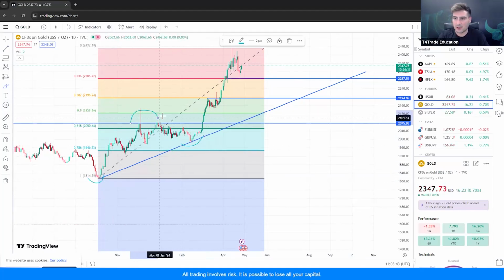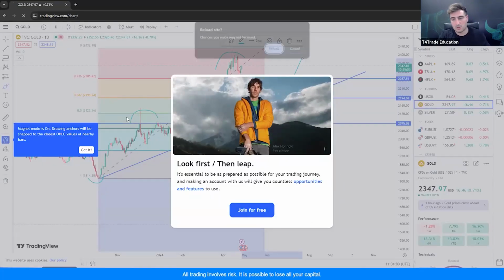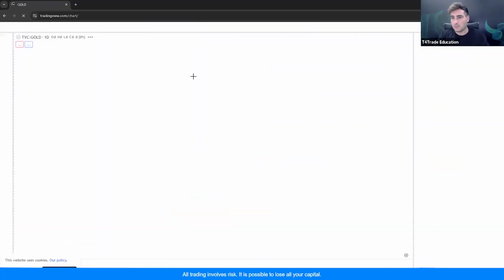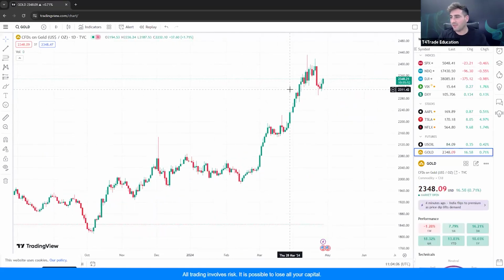Higher high here, another higher high here. So obviously the market moves to higher ground. We will see now whether price action is going to come back down towards here, or the retracement. It erased everything. Lovely.